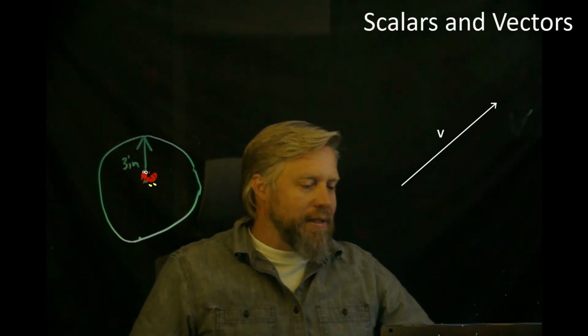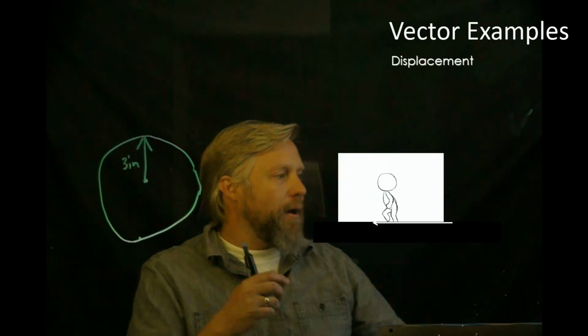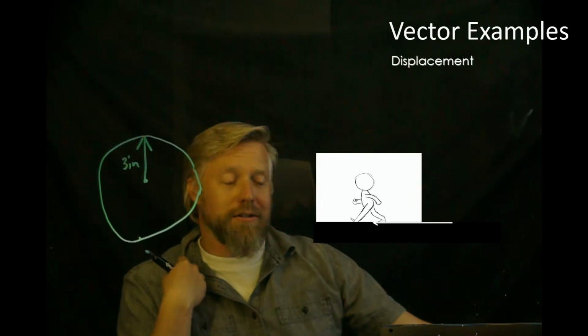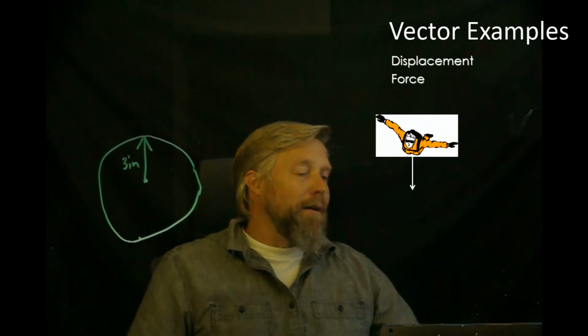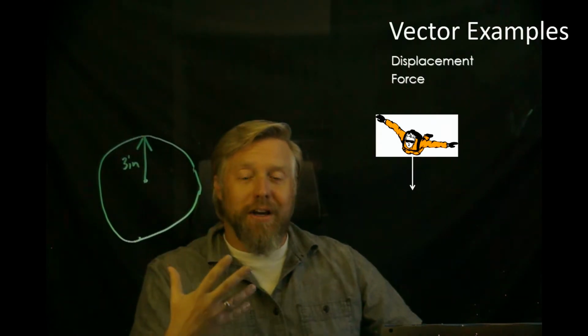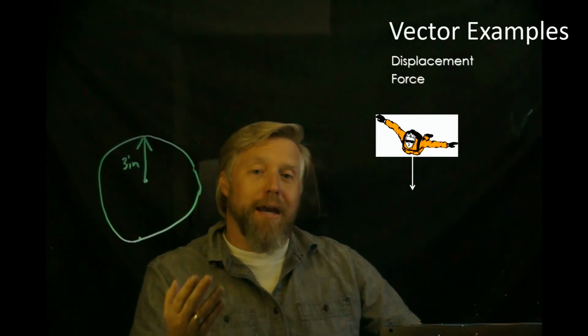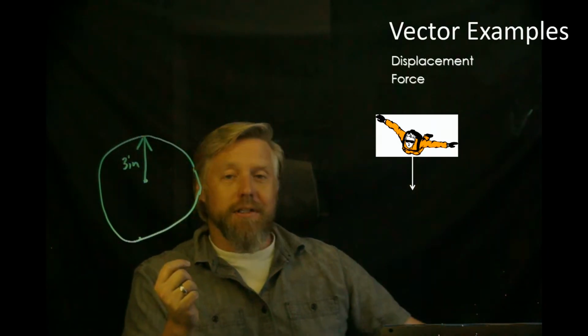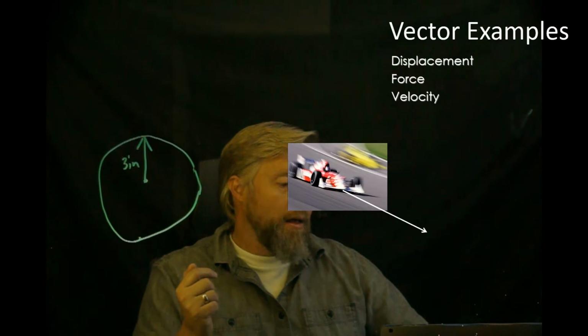Let's look at some other examples of vectors. I just talked about displacement. This person's walking. You need a magnitude and direction to talk about that. Force is going to be a big one in statics. We're going to have force vectors, and they have both magnitude and direction. In this case, you see the force of gravity pulling the skydiver straight down.